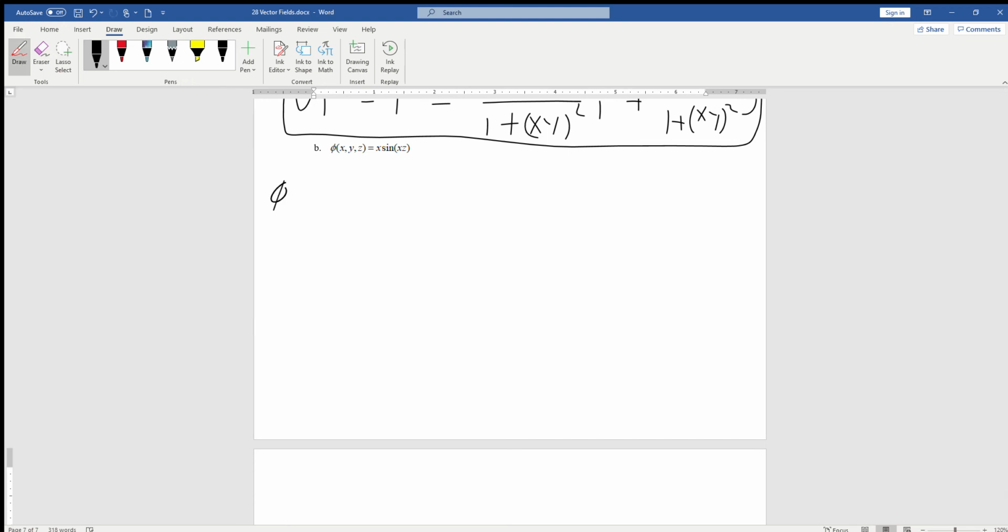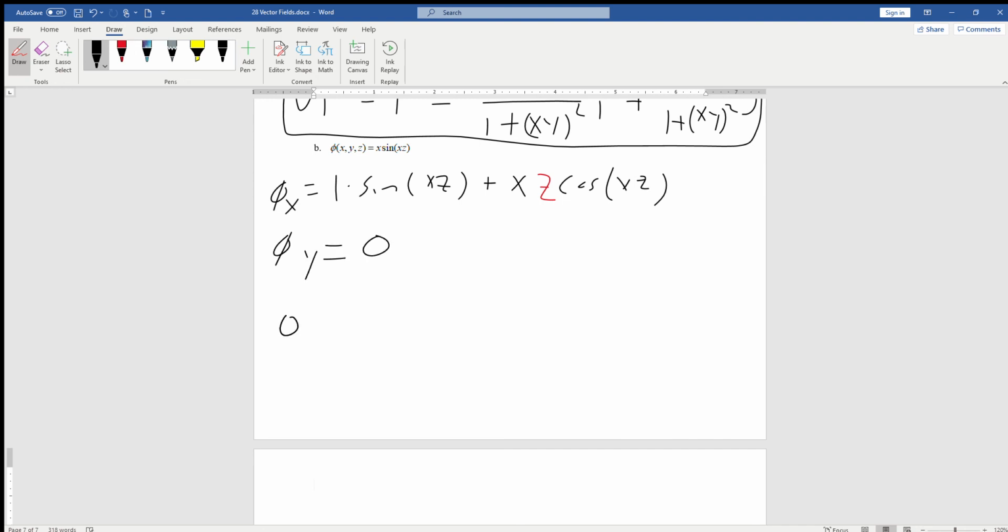Now phi of x is a little bit more difficult this time because it's going to be a chain rule. Phi of x is going to be 1 times sine of xz plus x cos of xz, and then we multiply by the derivative of the inside with respect to x. From our chain rule, that gives us a z. Even easier, phi of y is going to be 0.